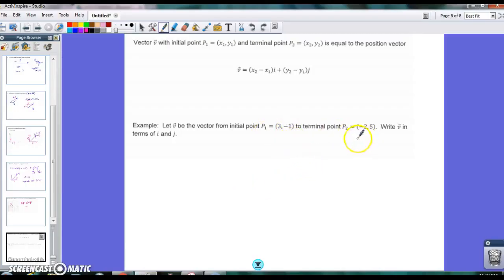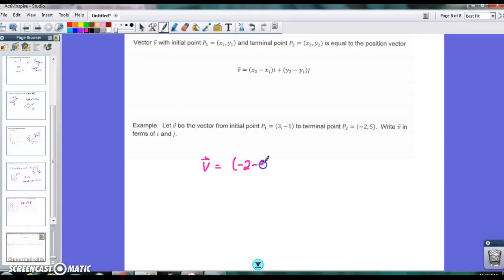We've got P1 and P2 given here, and it says write the vector v in terms of i and j. So I have my x's and I have my y's.